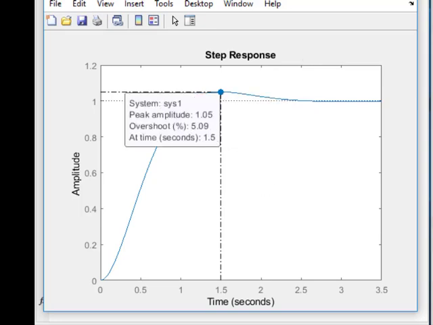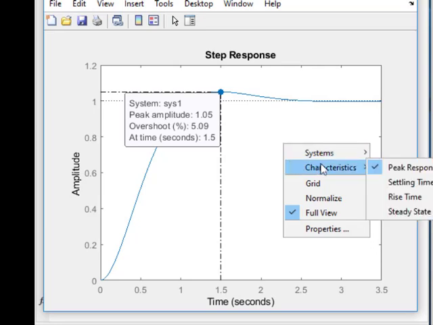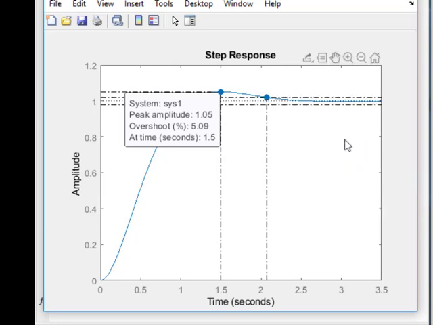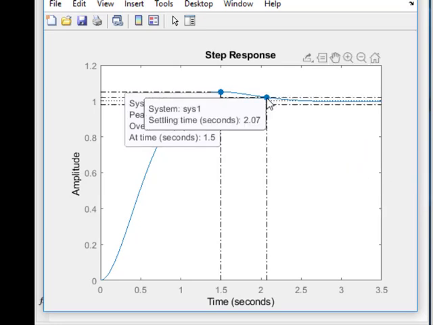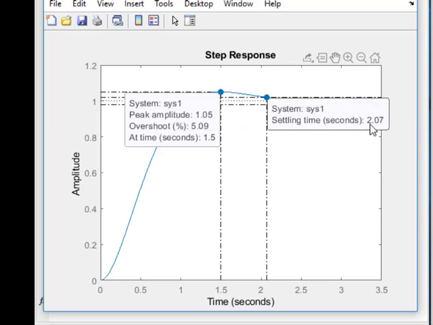In this numerical the percentage of overshoot is 5%, so it is approximately the same. For the settling time, it is 2.07, and here we have 2 seconds for the 2% criteria. So the transfer function we have derived is correct. It gives us 5% overshoot and 2 second settling time.